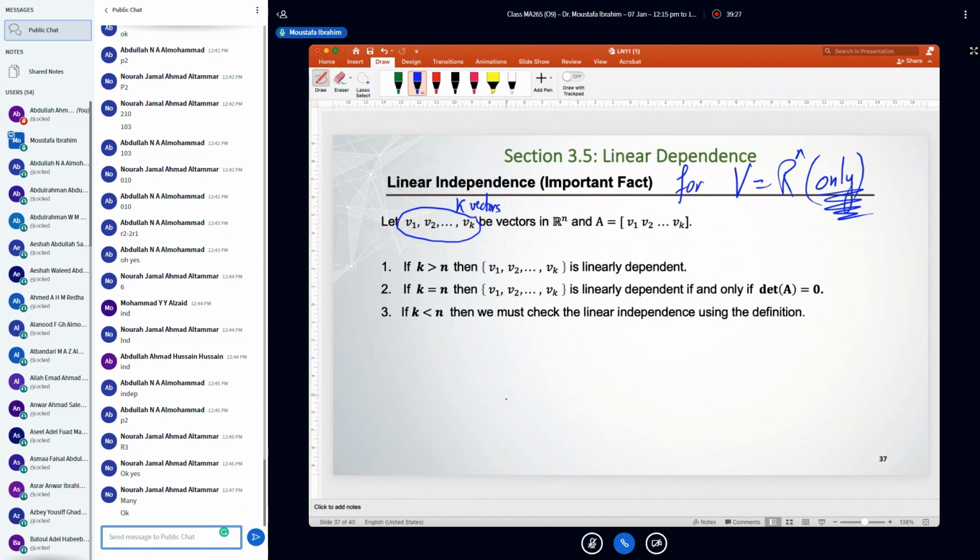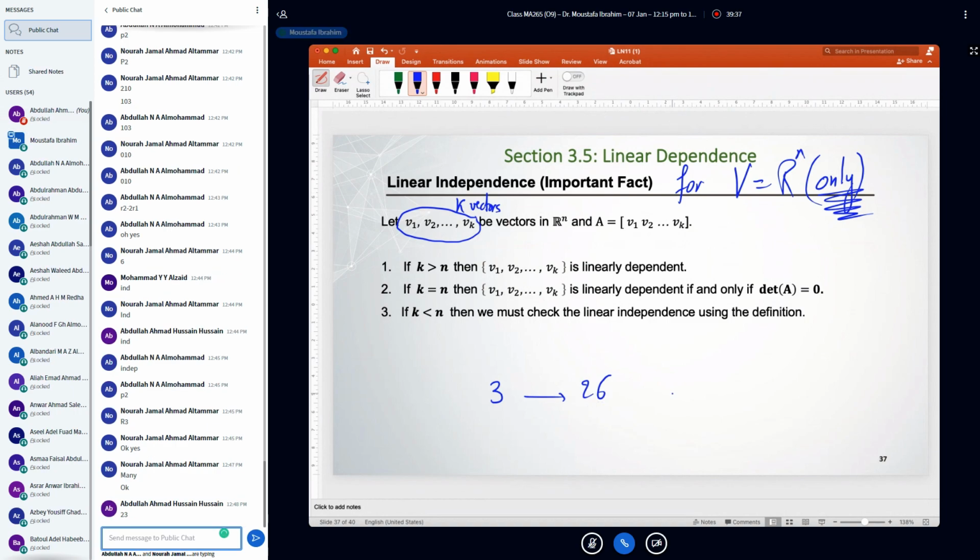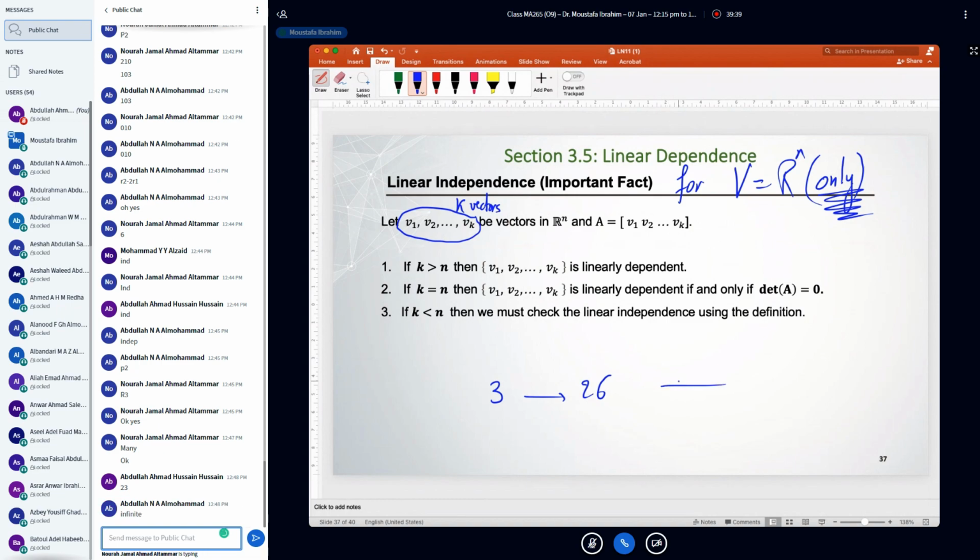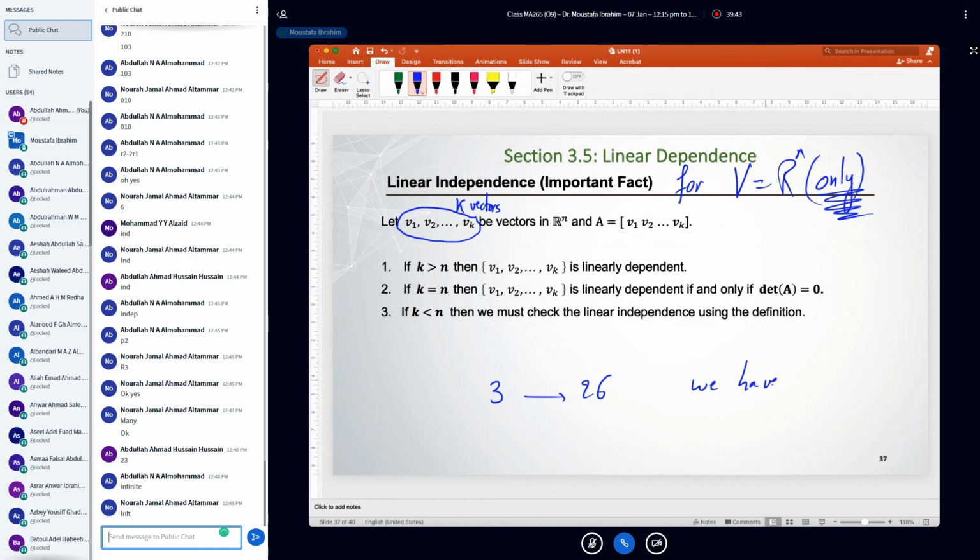Otherwise, guys, if you want to count, from 3 to 26, how many numbers do you have? Who knows? I mean, 3, 4, 5, 6.